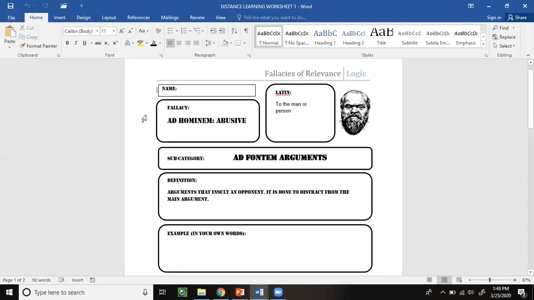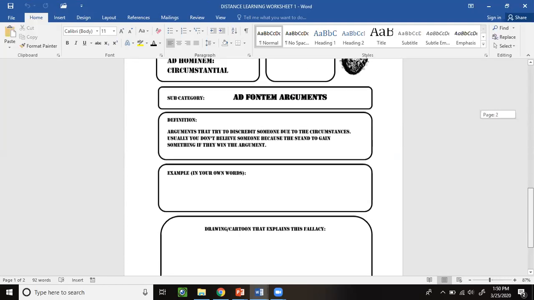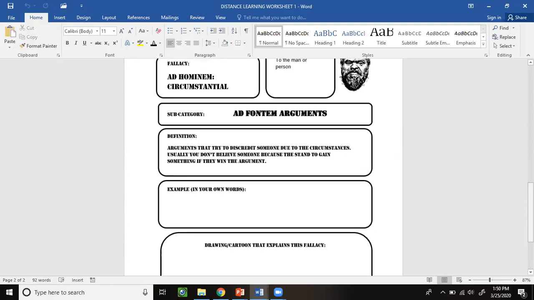So the first one you're going to do is ad hominem abusive, right? That's going to be talking about insulting someone rather than addressing the argument that they had. I gave you the example of McDonald's versus Burger King french fries and somebody calling my face salty, right? They did not give me a reason as to why they believe what they did. Circumstantial, it's still an attack against the person or the man, right? But it's because whoever is going to win the argument stands to gain something from it.